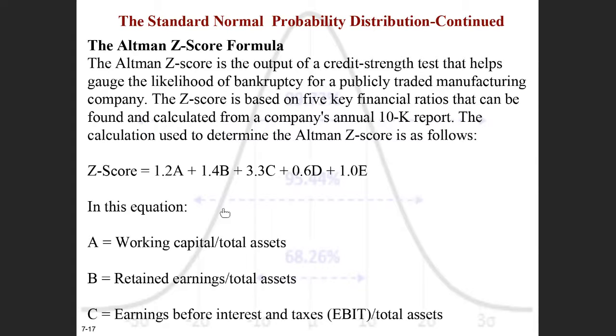Z-score equals 1.2A plus 1.4B plus 3.3C plus 0.6D plus 1.0E. And A is working capital, B is retained earnings divided by total assets, C is earnings before interest and taxes divided by total assets.